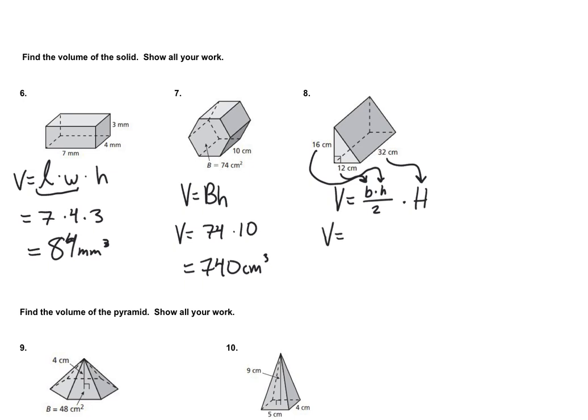Okay, so I need 12 times 16 divided by 2 times 32. And I get a volume of 3,072 cubic centimeters.